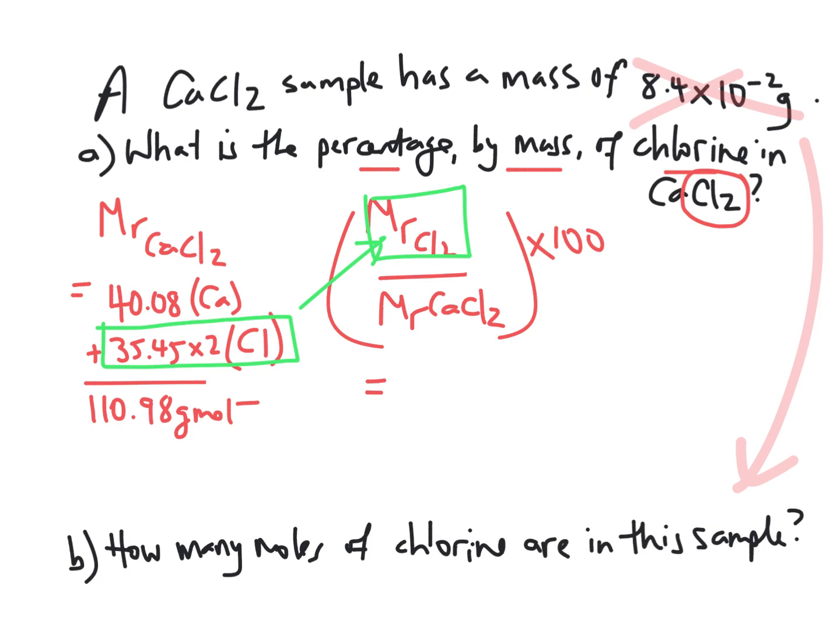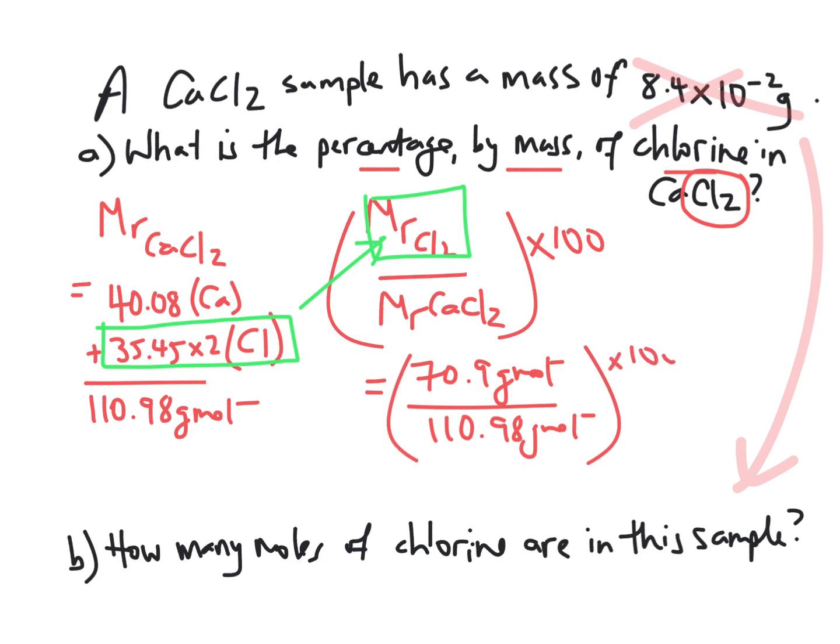So we're going to take 70.9 grams per mole, and divide that by the 110.98 grams per mole for the whole calcium chloride. Whatever that result is, times it by 100. That should be our percent composition for chlorine, and it's 63.9%.